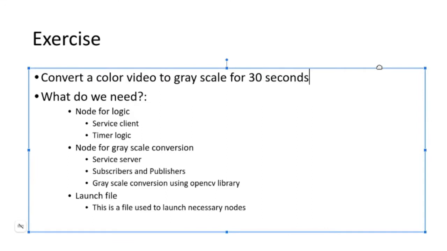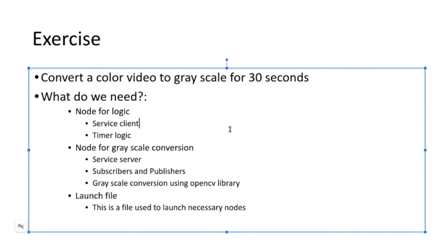When we think of this problem, we can decompose it into different things that we need to solve it. One thing we can do is have a node, which is essentially a Python file that's going to take care of the logic of this little exercise.